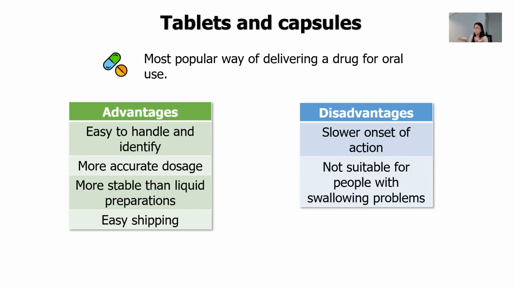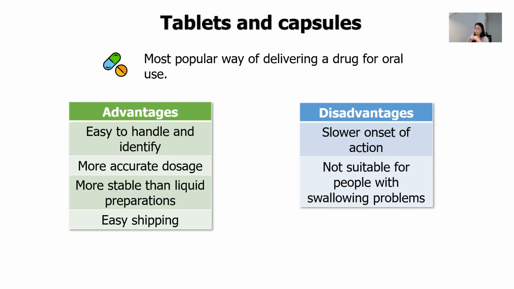With tablets and capsules, we don't have such issues with the drug dosage. It is always the same as long as we choose the correct tablet for the patient. For example, paracetamol 500 mg is always 500 mg. So that's why we say that more accurate dosage is one of the advantages.